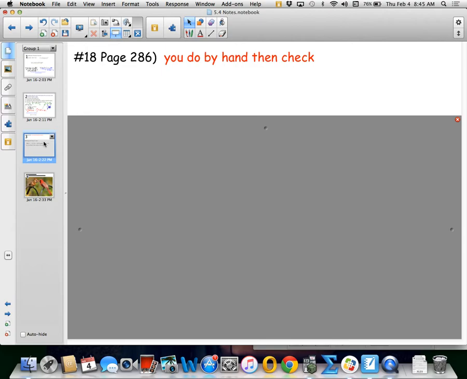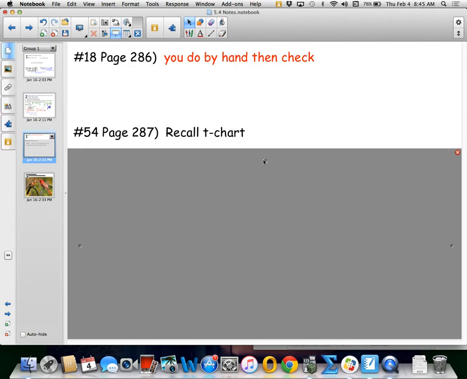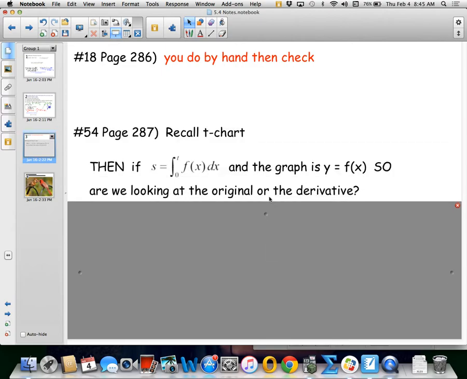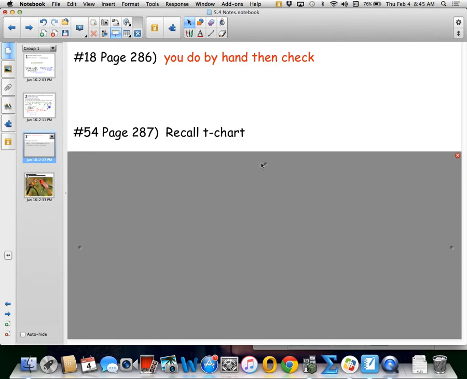Last problem that we're going to take a look at is different. It's problem number 54 in the book, and it's a graph question. And we're going back to those questions: is the particle speeding up or slowing down? What's the velocity? Those kinds of questions. So remember your t-chart. I'm going to draw it up here because it's been a little while since we've used it.